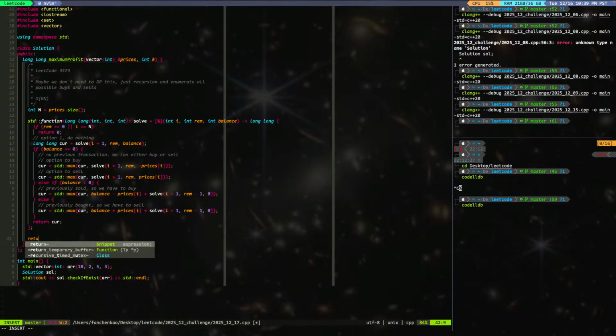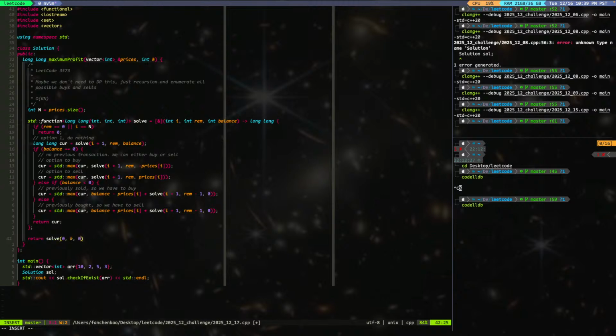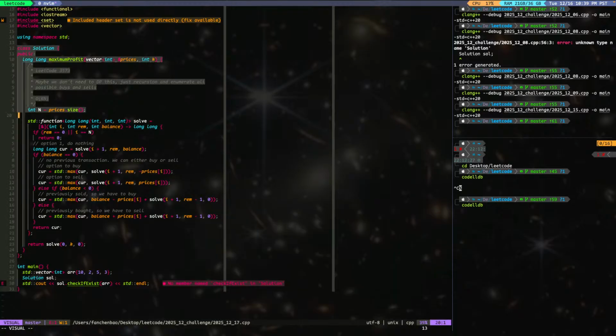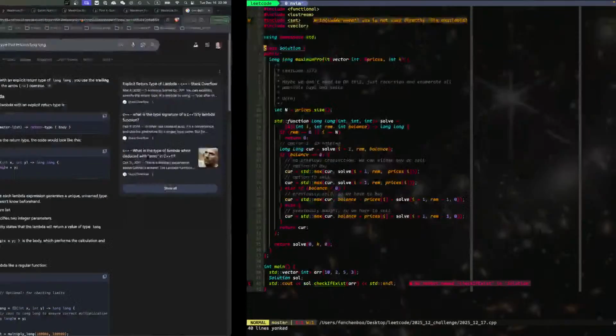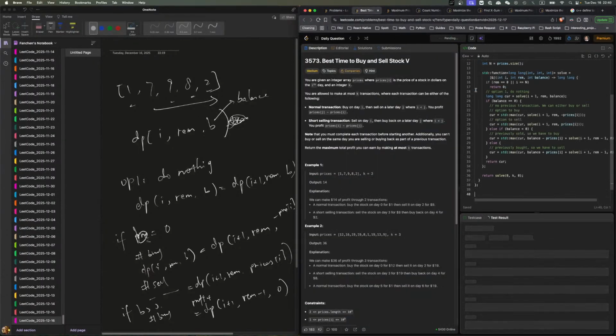So we shall return solve start from 0. We have k transactions and then start with 0. I have no idea. Not even sure if this will work, but we are willing to give it a shot.